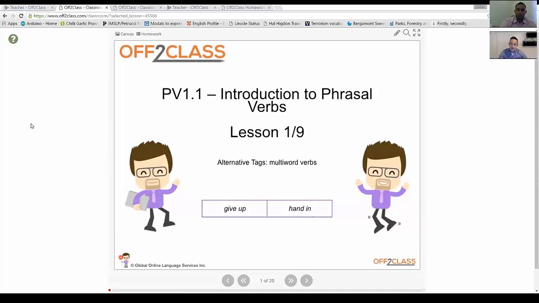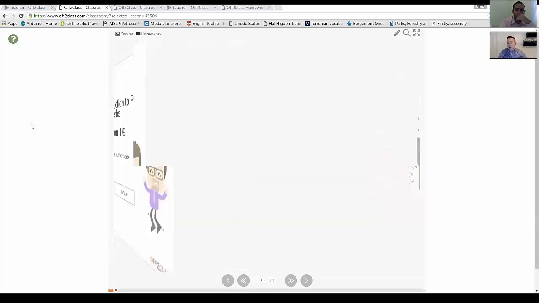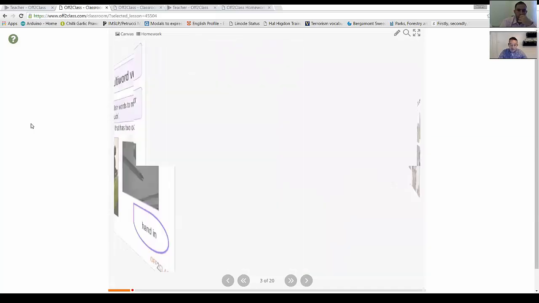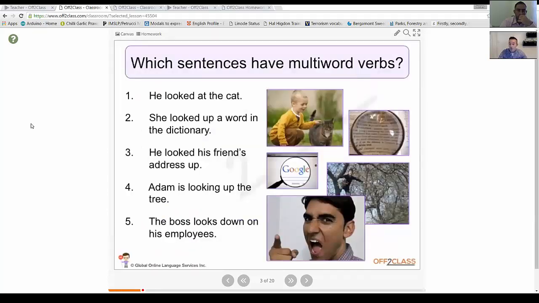So what I find tends to work well with phrasal verbs as an introduction is to do a bit of a guided discovery with the actual multi-word verbs in place, and then get students to elicit and find out what they already know, which is quite important, so that you can then move on to a definition of a multi-word verb, how you can look for them, and then get students to actually start looking at ones I believe that they are probably already familiar with.